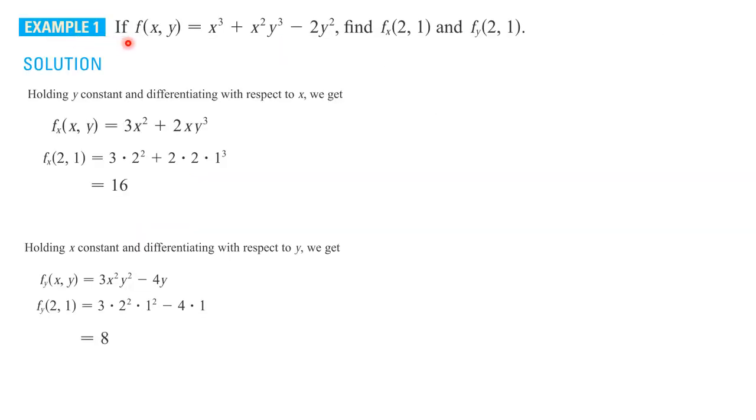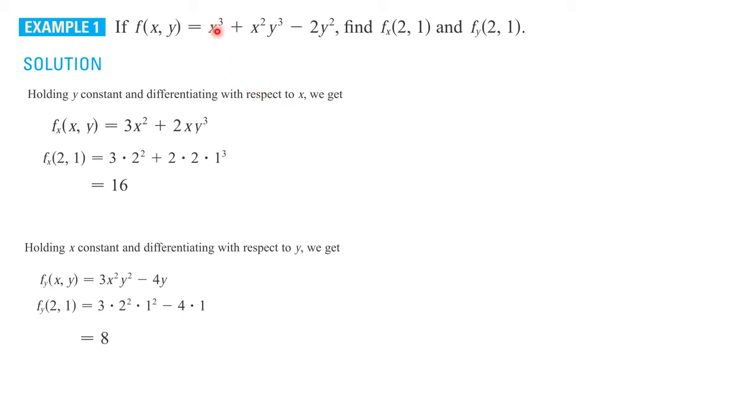Example number one. If f of x, y is equal to x cube plus x square y cube minus 2y square, find fx at (2, 1) and fy at (2, 1). If we want to find partial f over partial x, we hold y as constant and differentiate with respect to x.